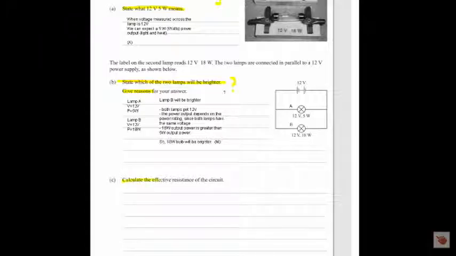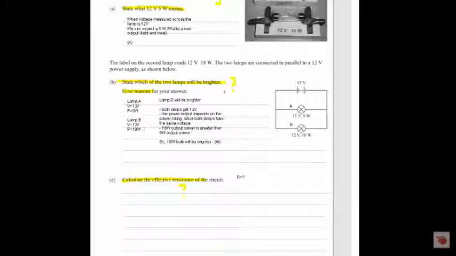Calculate the effective resistance. So we want to know resistance, and I can make a little note to myself here. Resistance equals what? All right, and I've got data tracked here from the previous question, and I'm very much going to use this data.